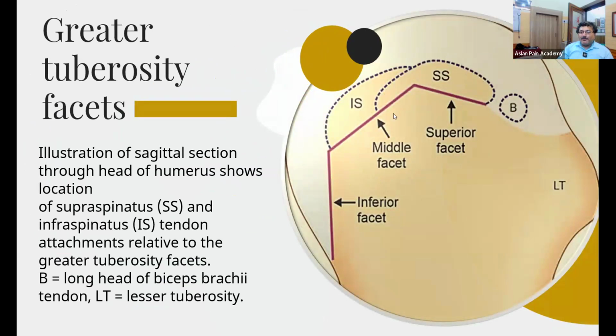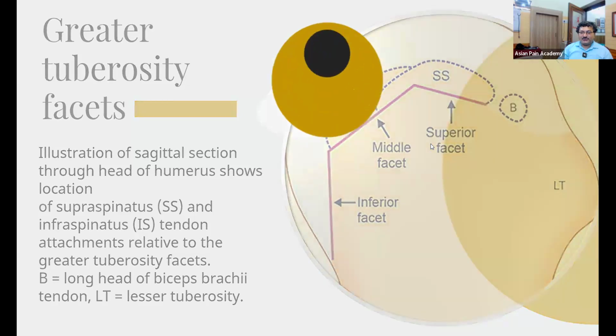Then we have the middle facet. Here is the middle facet. The muscle that attaches here is the infraspinatus. And in the inferior facet, the muscle that attaches is the teres minor. So we can examine these three facets and we can see the tendons here: supraspinatus, infraspinatus, and teres minor.